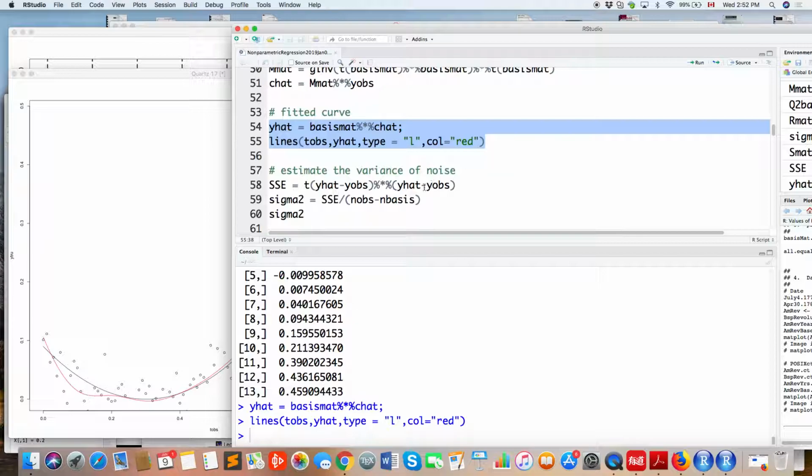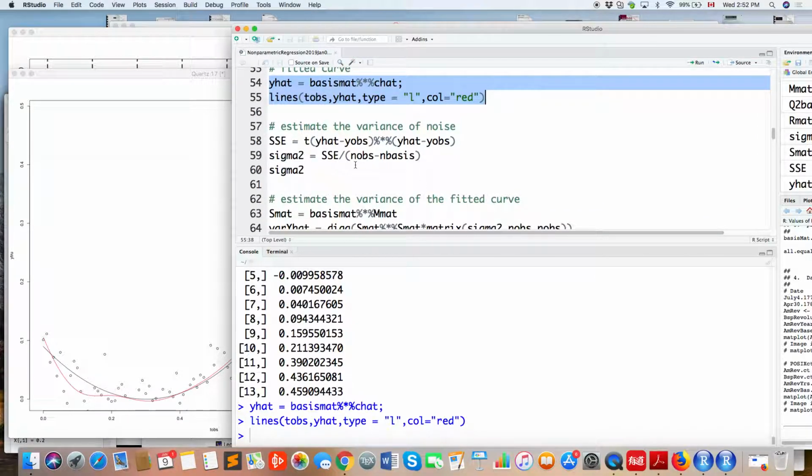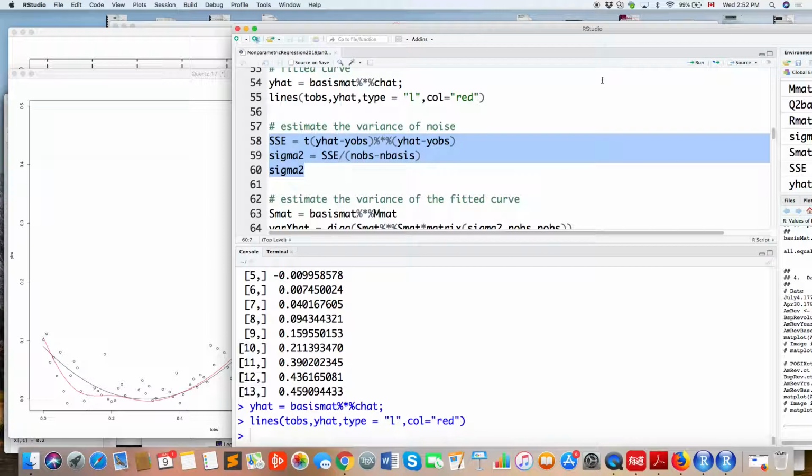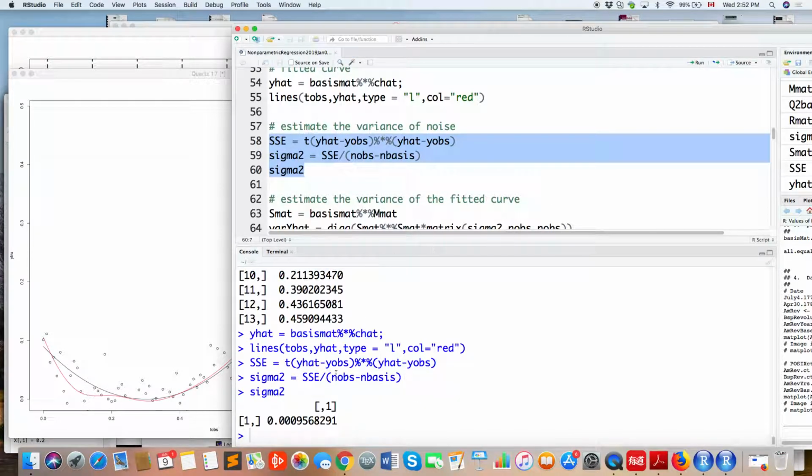So this gives you the idea. And then we can estimate the sigma square, because we know that sigma square equals SSE divided by n minus the number of coefficients, right? So this is the estimation for the sigma square.